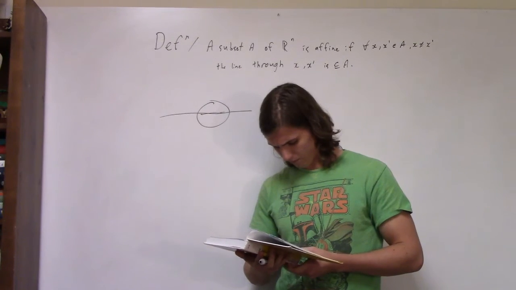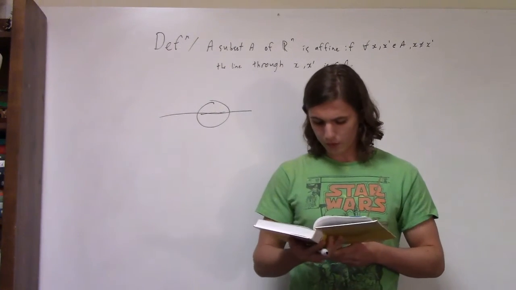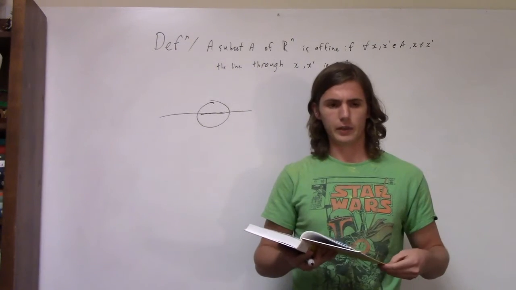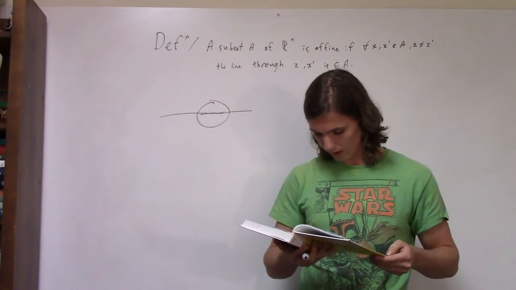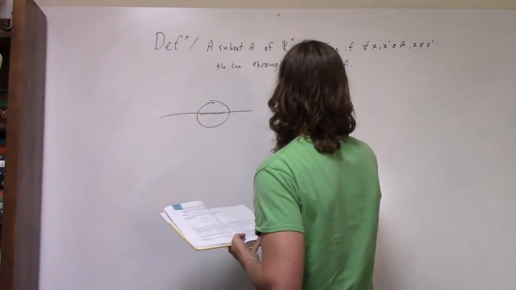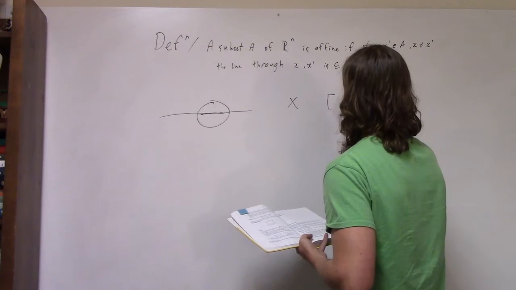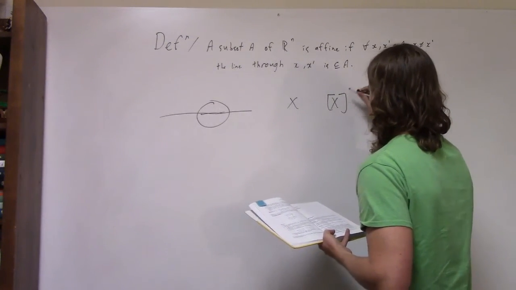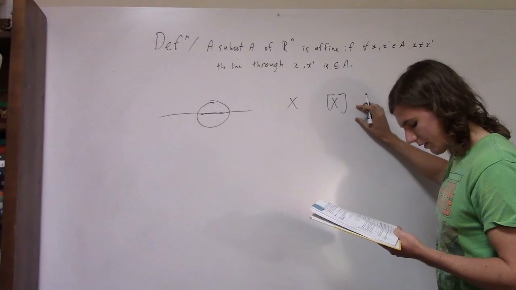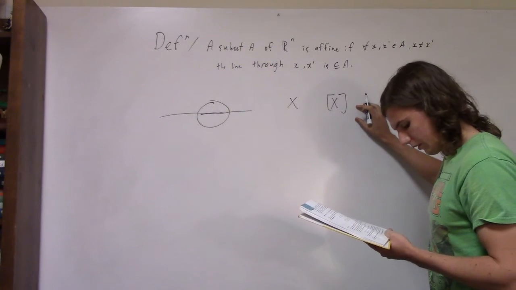I wasn't quite sure if it's the same for affine spaces, so you can also define it like that. And so if you have a set X, the convex hull of that set will be denoted with these brackets.